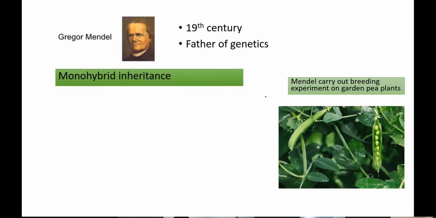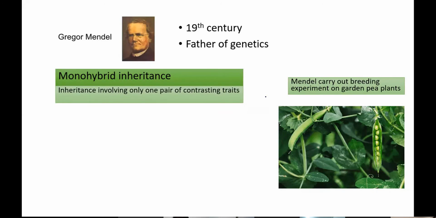Mendel did monohybrid inheritance. What is meant by monohybrid inheritance? Mono means one. So the inheritance involves only one pair of contrasting traits.